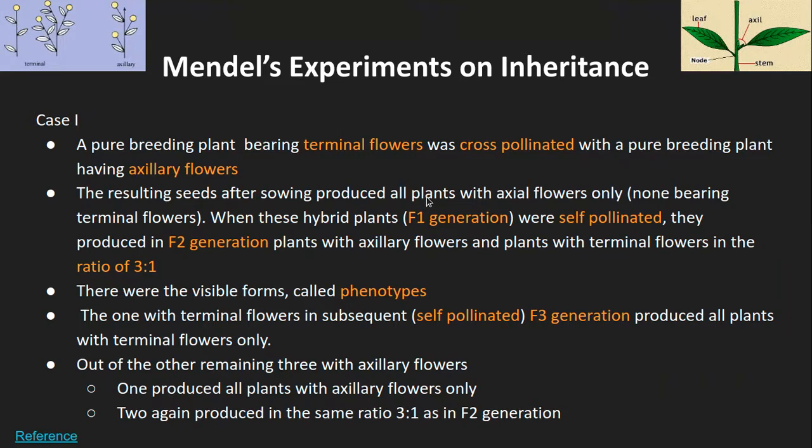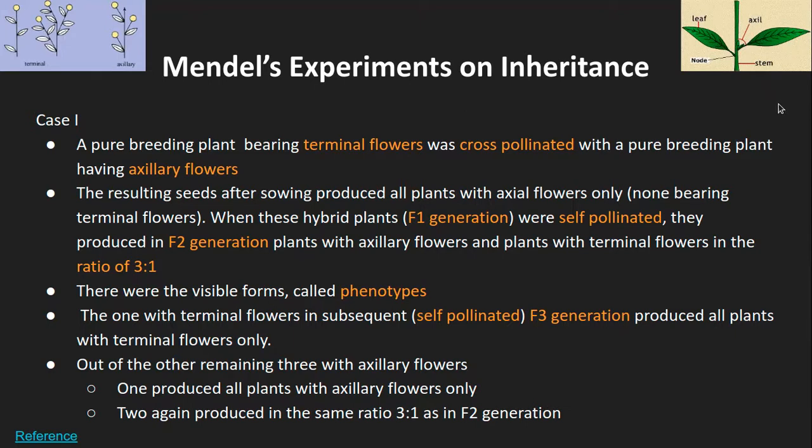So in the F1 generation, that is from the parent to the next generation, none were bearing the terminal flower and all of them were axial. What do you think could be the reason here? Just a wild guess, anyone? Sir, because the axillary flowers are dominant.